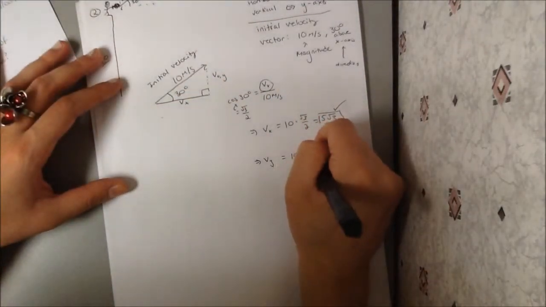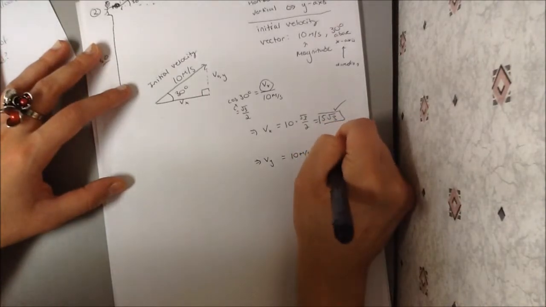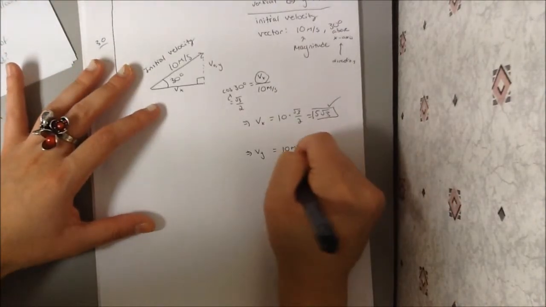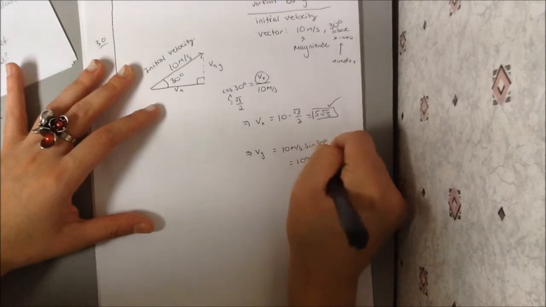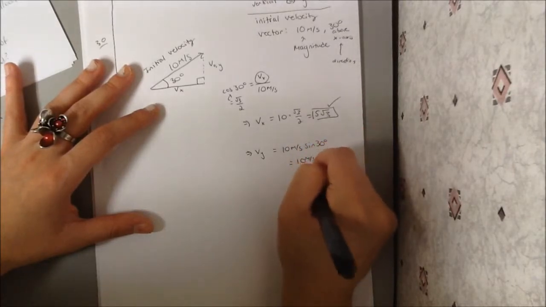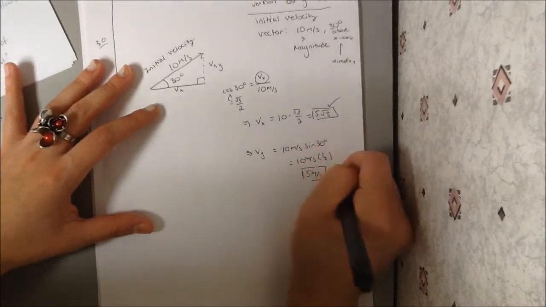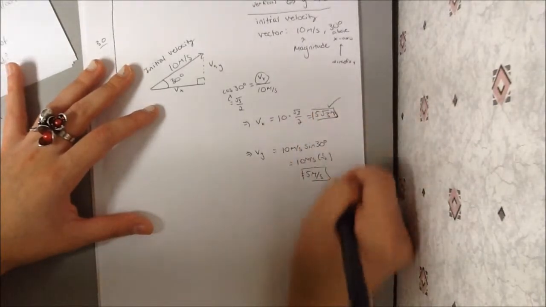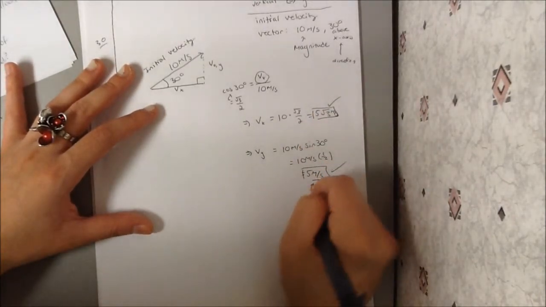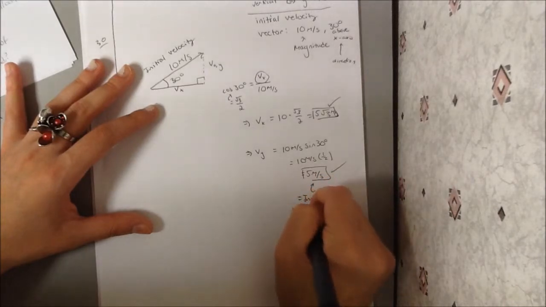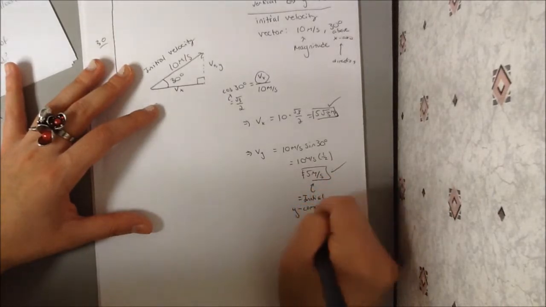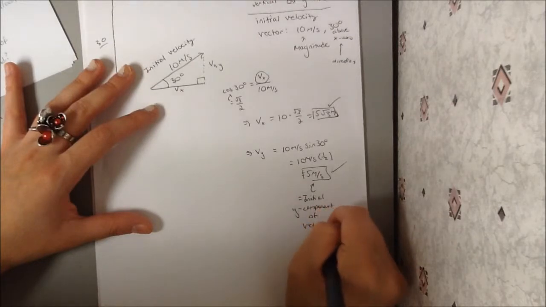So it's 10 meters per second times sine of 30 degrees, which I believe is 1/2, so that's 10 meters per second times 1/2, which is just 5 meters per second, okay? And this is also meters per second, I apologize, check. And that equals our initial y component, okay, of velocity, okay?